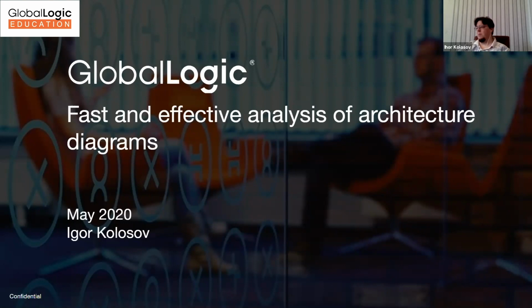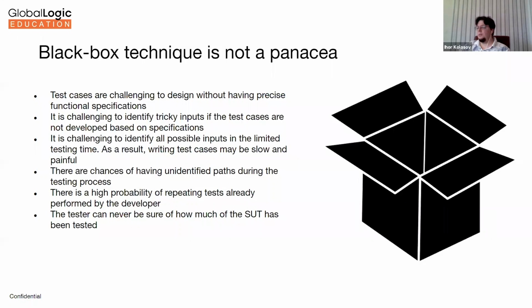So probably you will face clean black box only when you work with third-party vendors. When specification is really light, there is no knowledge about the system at all, etc. So black box is not a panacea at all.